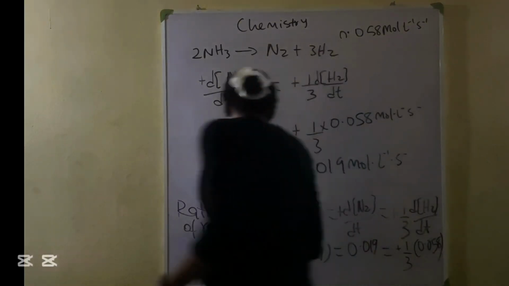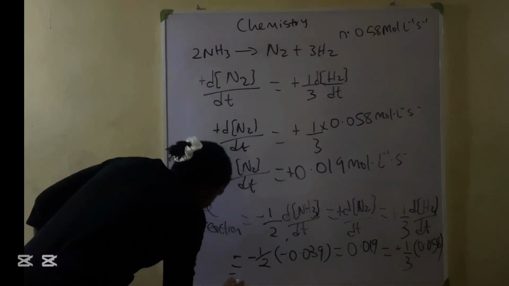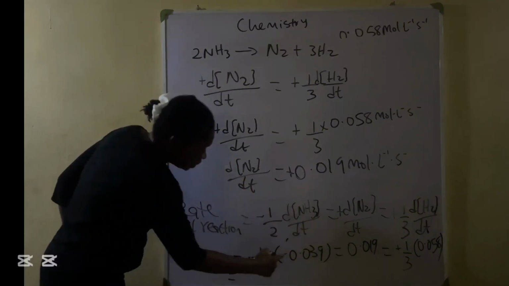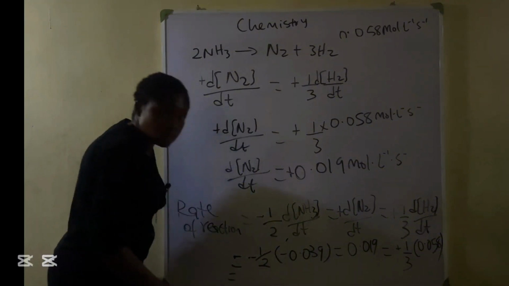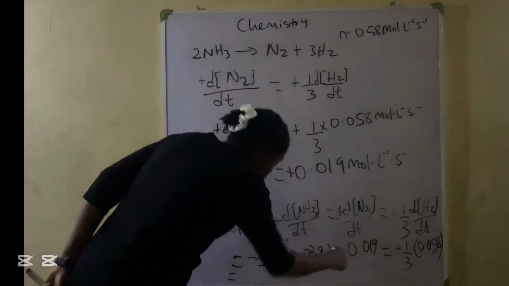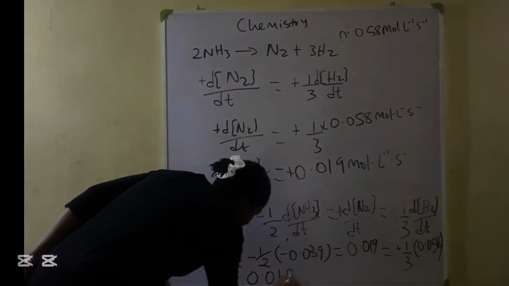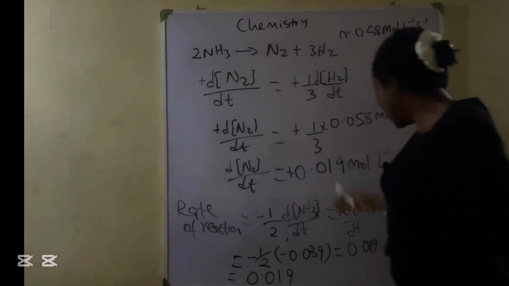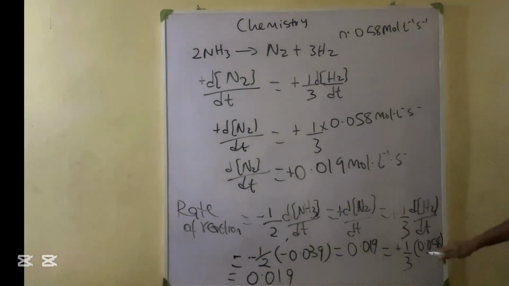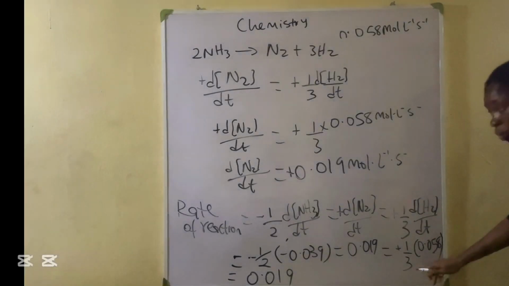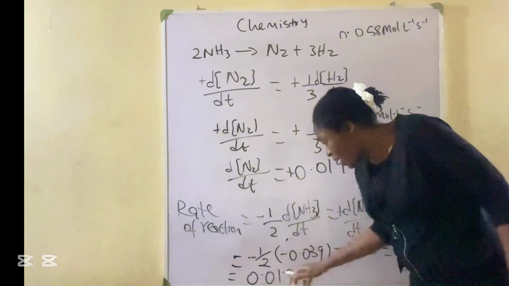So the rate of reaction will now be, since minus times minus is plus, 0.039 divided by 2. The value I will get is also 0.019, the one of nitrogen is 0.019, and the one of hydrogen, 0.058 divided by 3, will also give me 0.019.